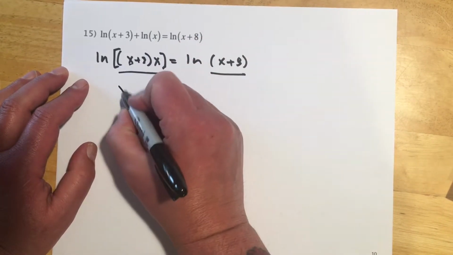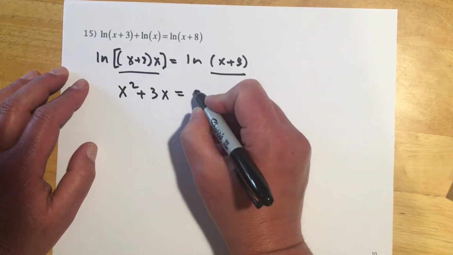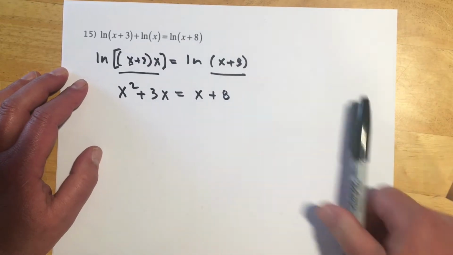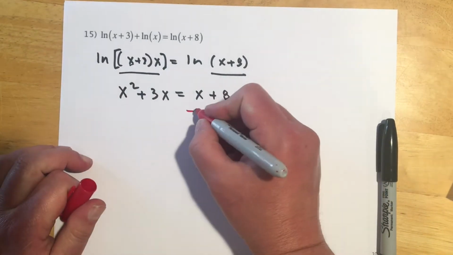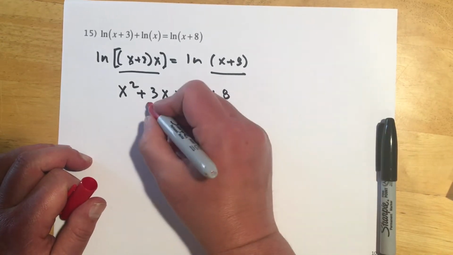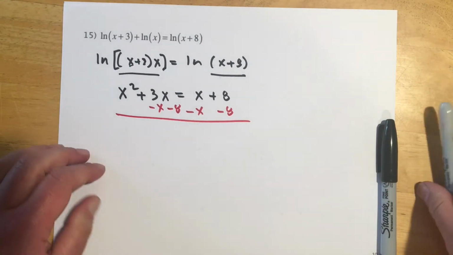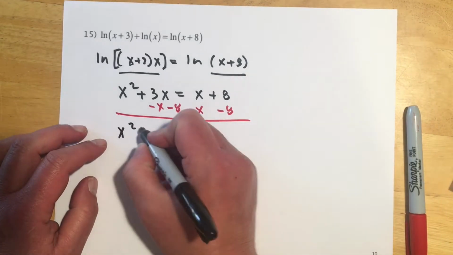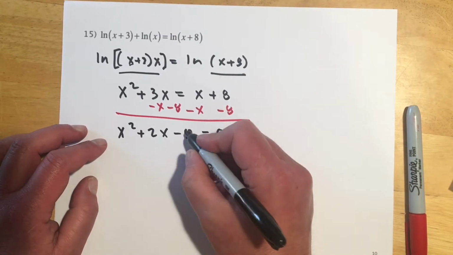So x times x makes x squared, and then 3x equals x plus 8. From there I'll get everything over to one side. So minus x, minus 8, minus x, minus 8. And that will get you x squared plus 2x minus 8 equals 0.